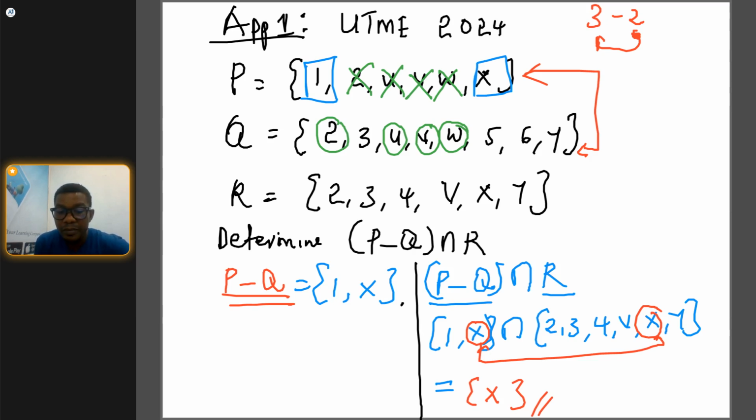The response is a singleton set. A singleton set is a set that has only 1 element. So please take note for the sake of CBT exams. Is that taken? So let's move on to the second application.